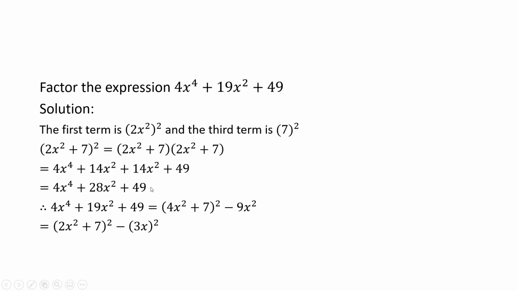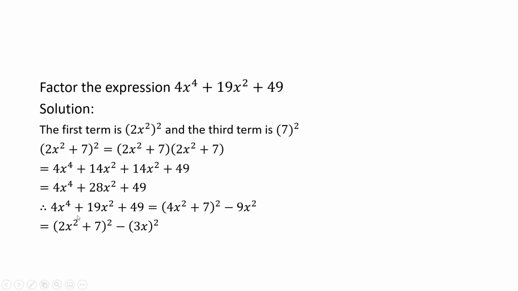Bashing that out, we get 4x to the 4 plus 28x squared plus 49. Well, that means that instead of being given 4x to the 4 plus 19x squared plus 49, we wish we were given 4x to the 4 plus 28x squared plus 49. So let's make it that. Let's say that's what we were given, but then remember to subtract that extra 9x squared at the end.